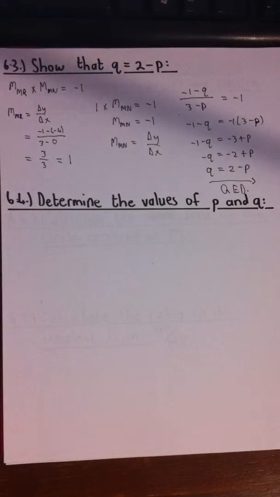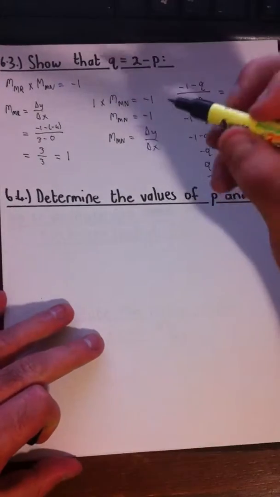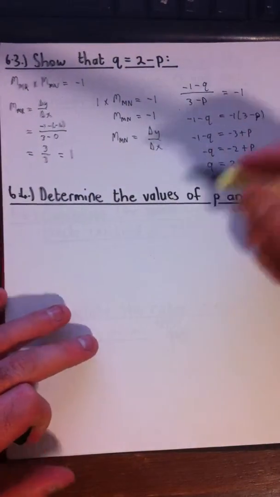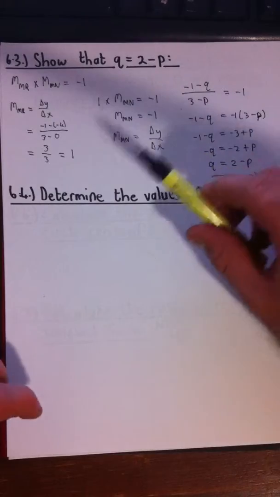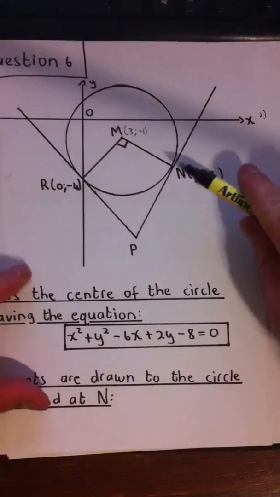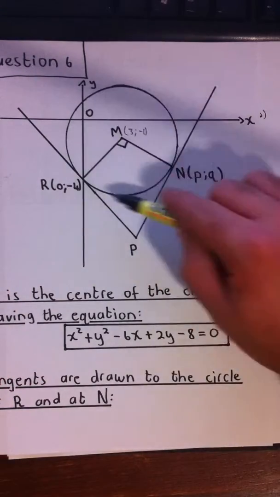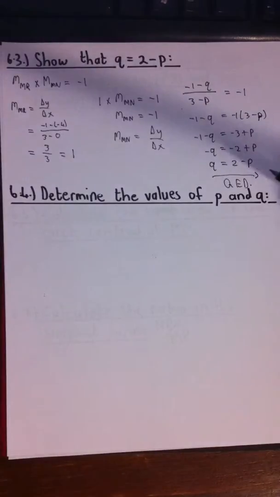Yes, okay. So now we'll substitute P and Q into our equation of the circle, because we know that P and Q lies on the circumference. So that means it lies somewhere on the equation. So we can substitute that as our x and our y values.